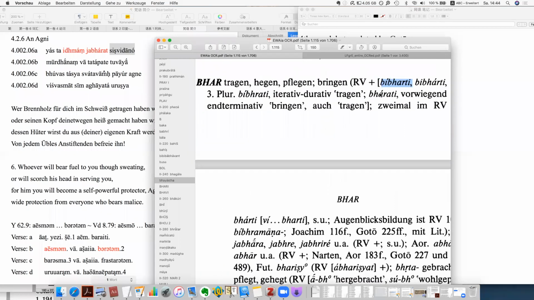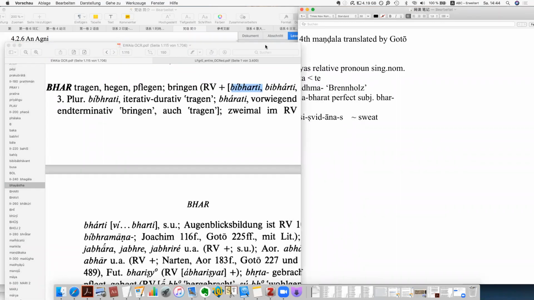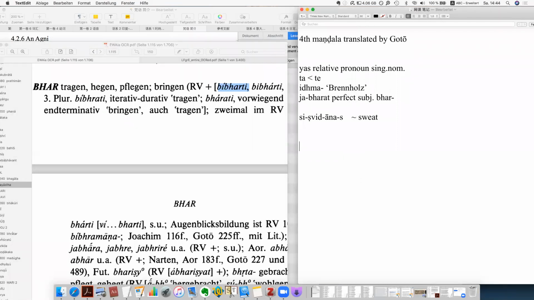And we can build a simple thematic bharati, but we can also build a reduplicated present. Again, this is something I have mentioned to you. The word bar is really special, because bar has suppletion in Greek, Latin, Tocharian, at least in these three different languages.